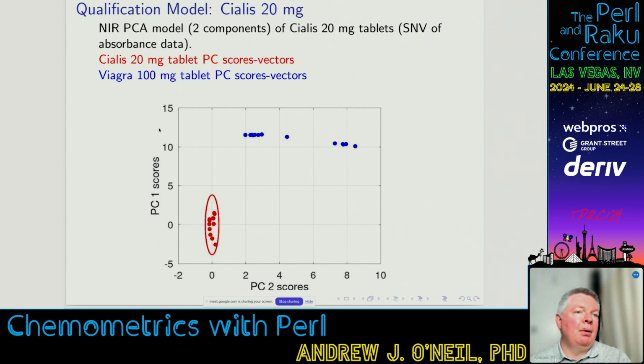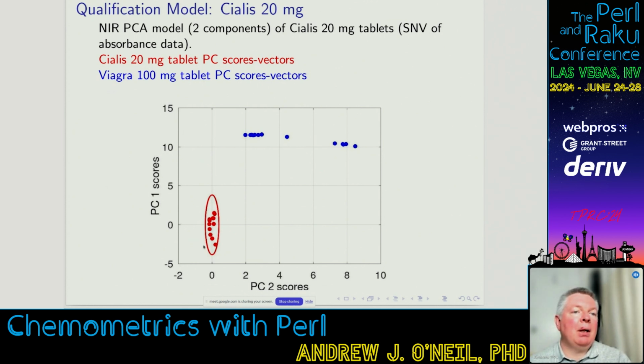So the first principal component dimension captures the major source of variance, which is really the distance between, you can see here, the two groups of spectra. PC2 captures the next major source of variance, and these are orthogonal, so they are uncorrelated factors. So we can plot these two in Cartesian coordinates here.